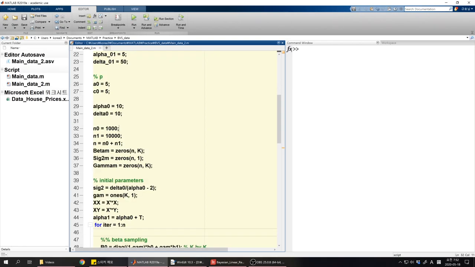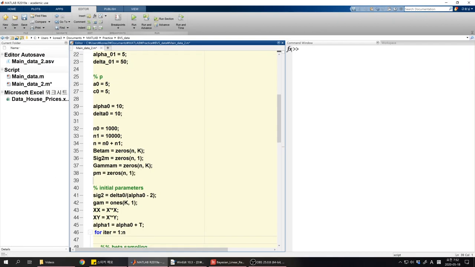Anything to change here? We have the storage for beta, sigma square, gamma, and we need storage for P. P is zeros n, 1.